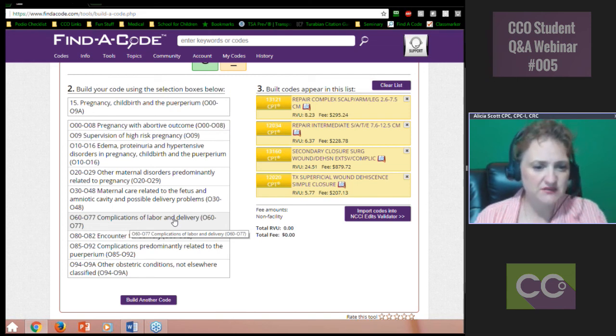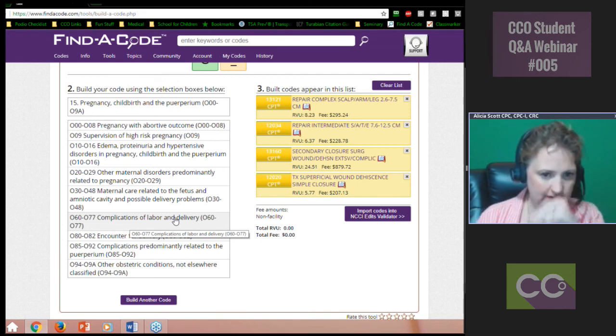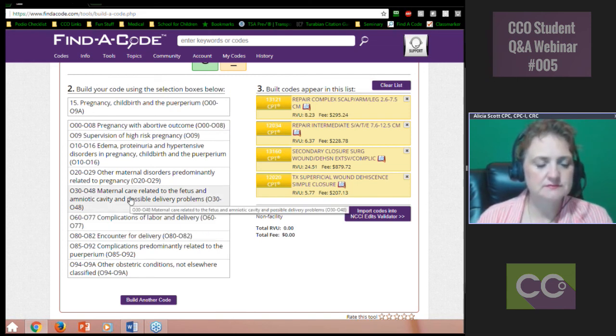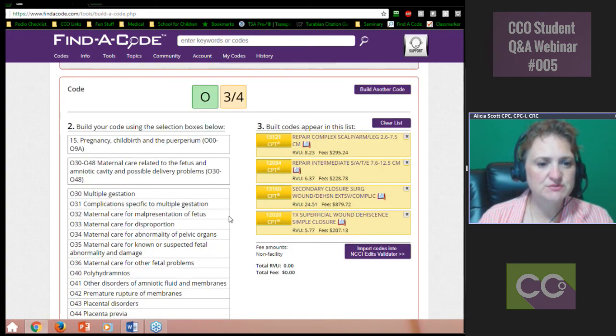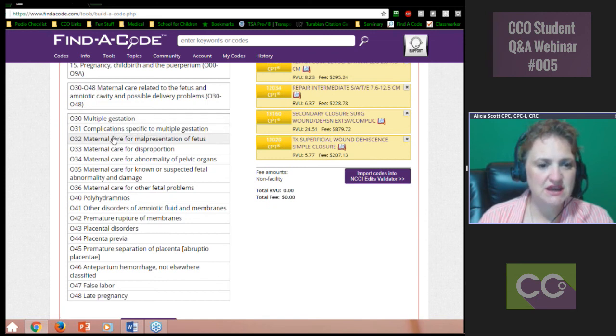She's not delivered yet. So, possible delivery problem. Maternal care related to the fetus and amniotic cavity. So look what we've got so far. We know we start with that. 3 or 4. Multiple gestation, yes. Complications specific to multiple gestation, yes. Let's look at that.